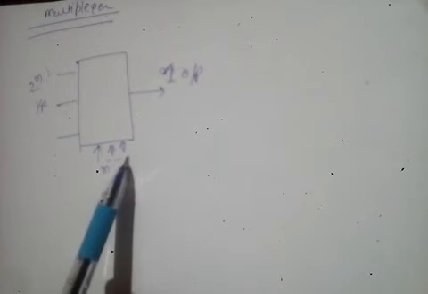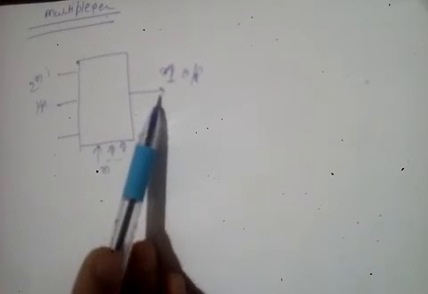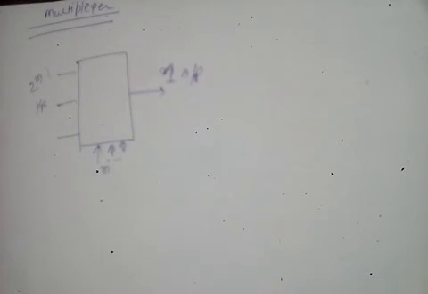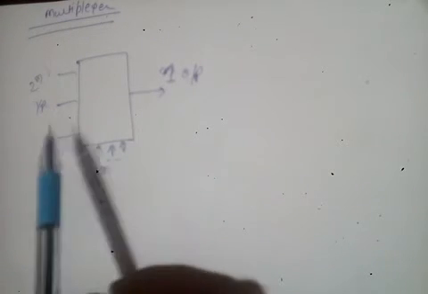Whatever the selection line is, according to the value of the selection line, one of these inputs will be connected to output. So that is why multiplexer is also called data selector, and it is used for parallel to serial conversion of data. Since we have many inputs and only one output, it is also called many to one.